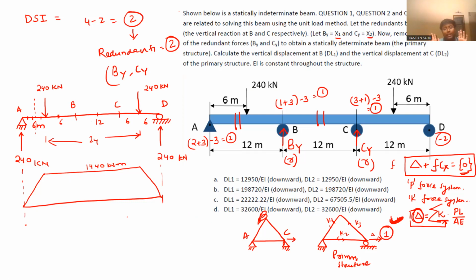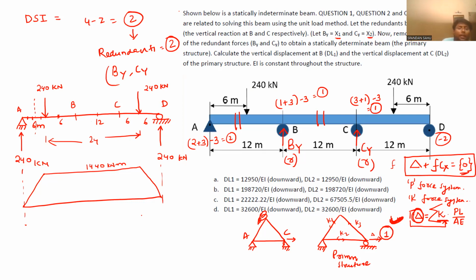That I am agreeing. But at each and every point it is varying in some way, and that will be a function of your span length x, where x varies from any support. You make a reference of the support from where you are measuring all those x values. That is done.